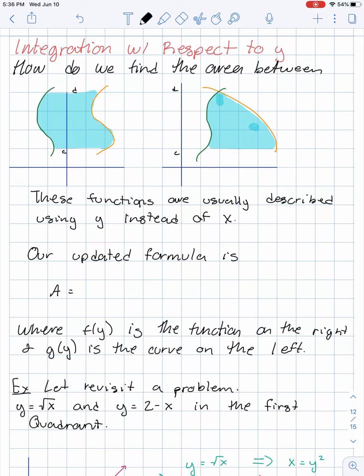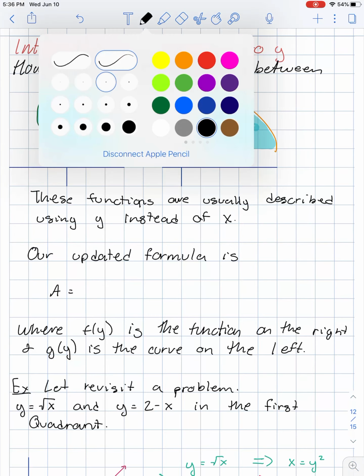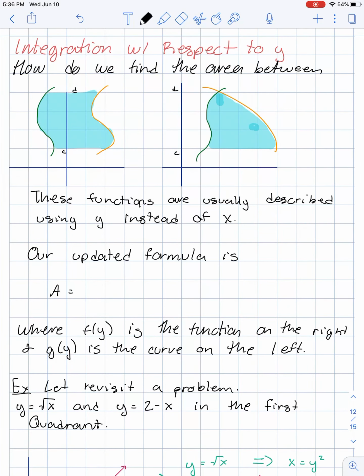Not trick, method. So how do we find the area between the yellow line and the green line from C to D, where C to D are y values? Well, if I was kind of looking at the x values, I would have trouble trying to find the area between here and here because those are the same value.